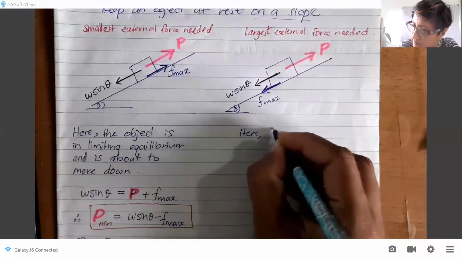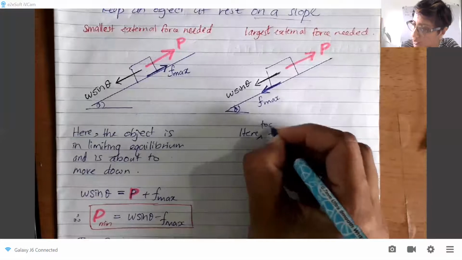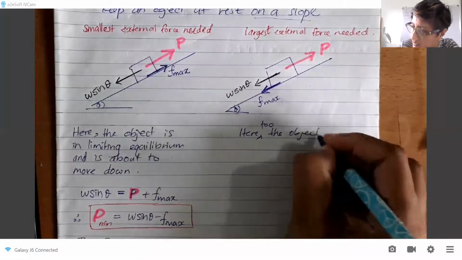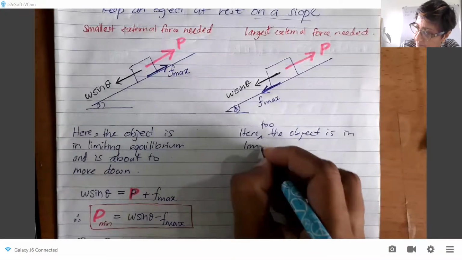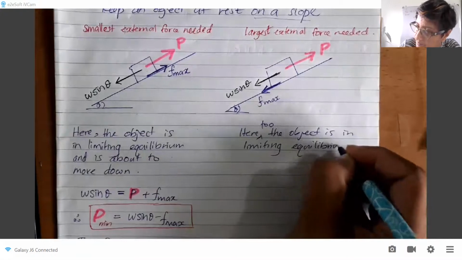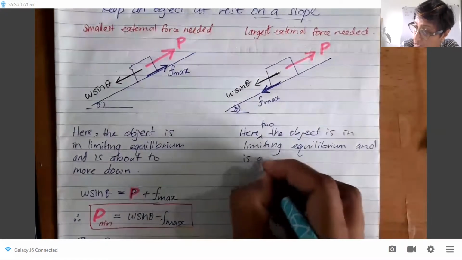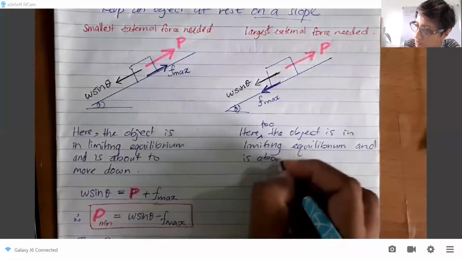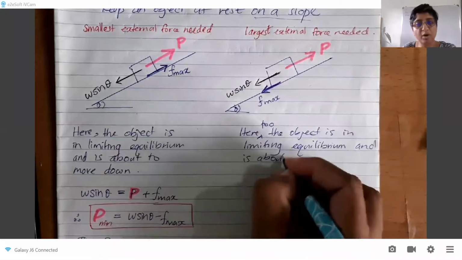Here too, the object is in limiting equilibrium and is about to move up. How do we know about to move down and about to move up?